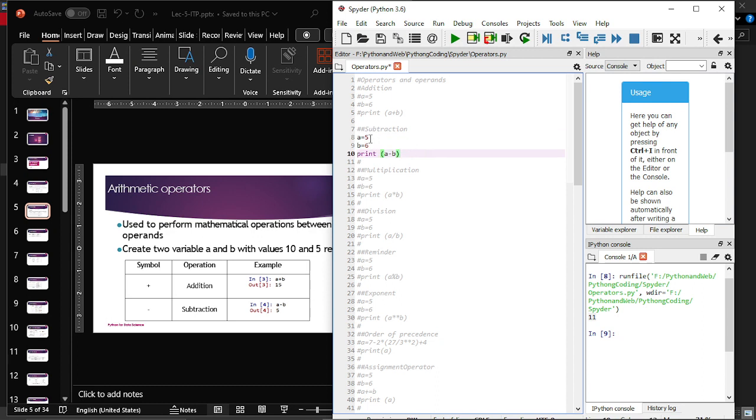Same thing, a is equal to 5, b is equal to 6, print a minus b. Only the symbol I have changed: the operator symbol is now minus. Now you see it is minus 1. Why? Because a is equal to 5 and b is equal to 6, and whenever the greater number is subtracted, the sign is carried over, so that is why it is minus 1.